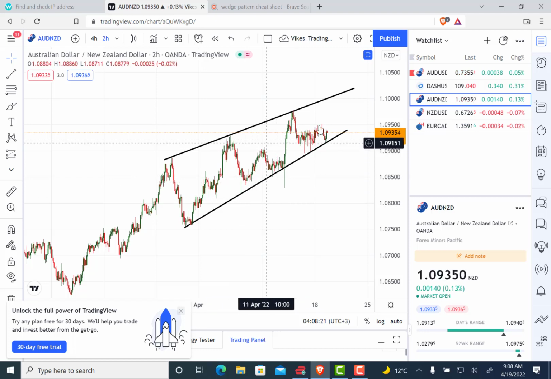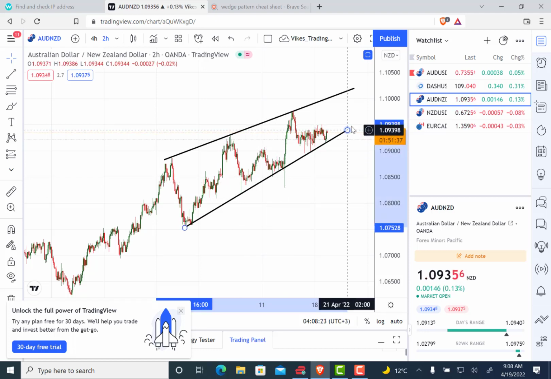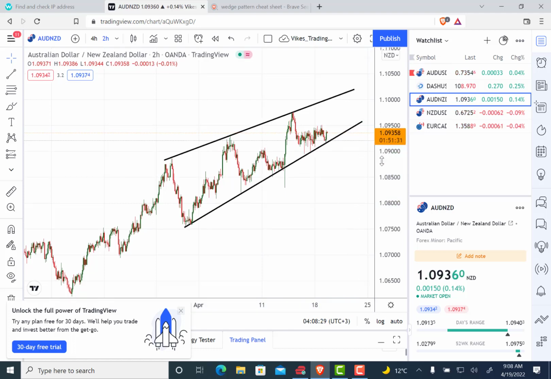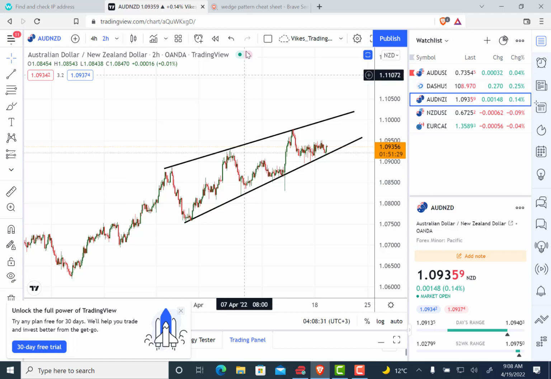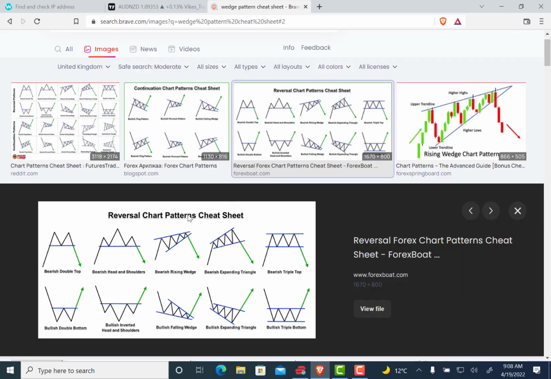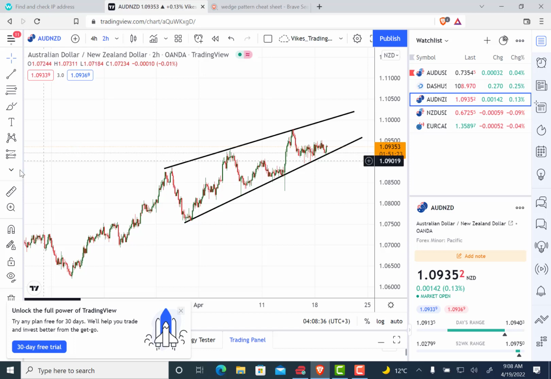Okay, so now you get to see the similarity between this pattern and this pattern right here. Let's draw it.